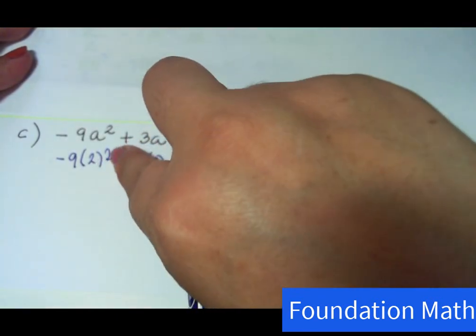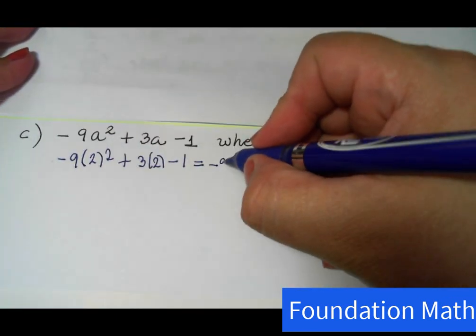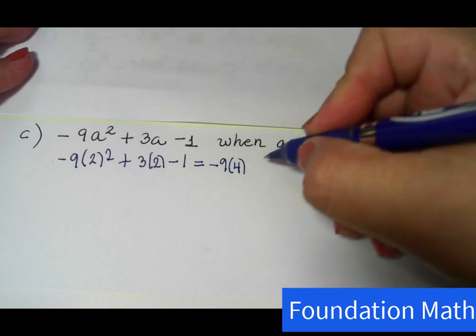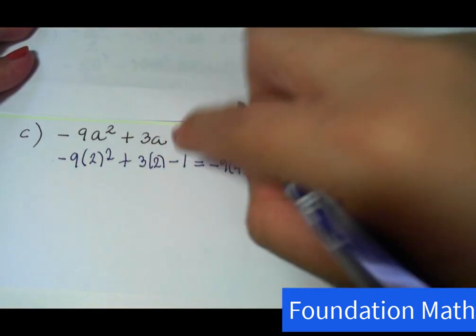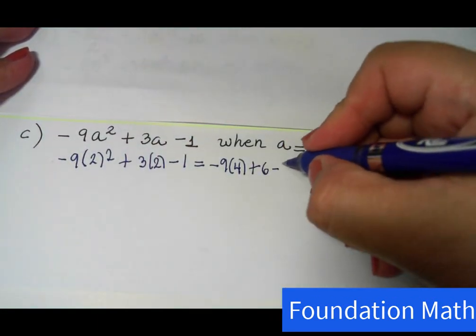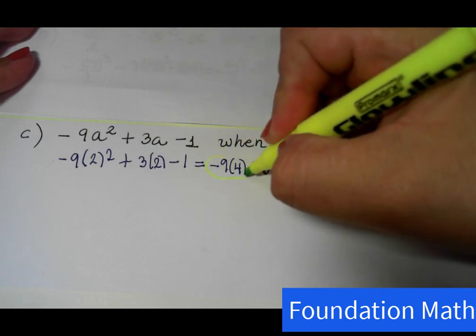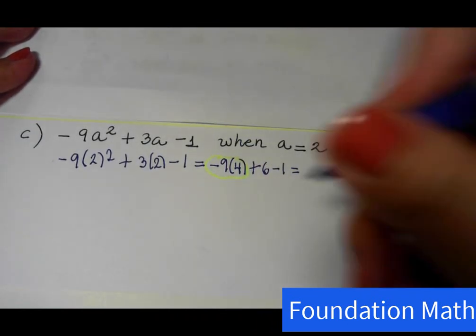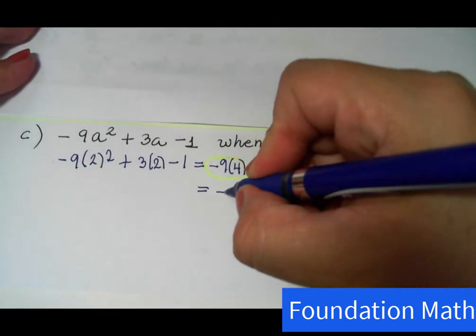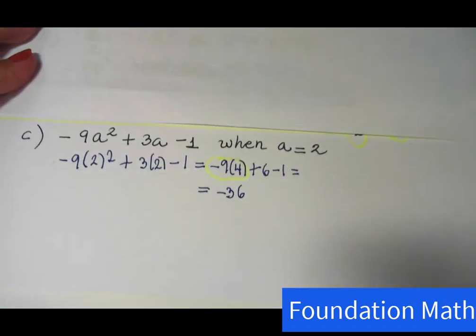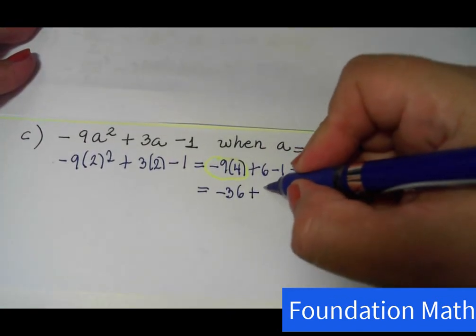So 2 squared is 4, so you're going to write negative 9 times 4 plus 3 times 2 is 6, minus 1. Negative 9, I want you to be careful here. Negative 9 times 4 is negative 36. Plus 6, minus 1.